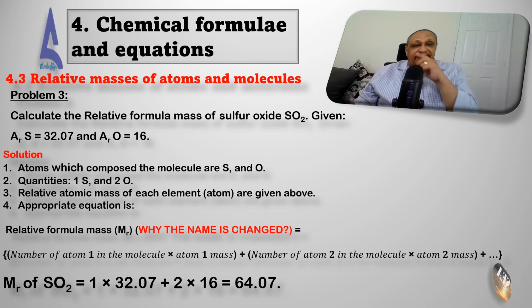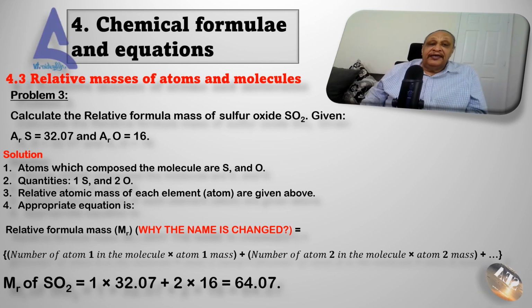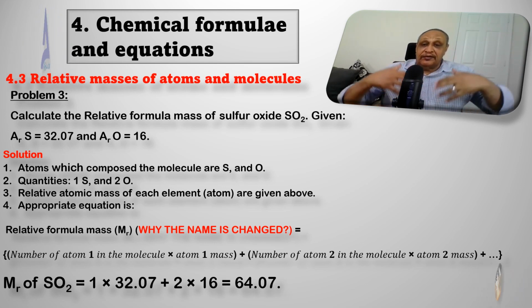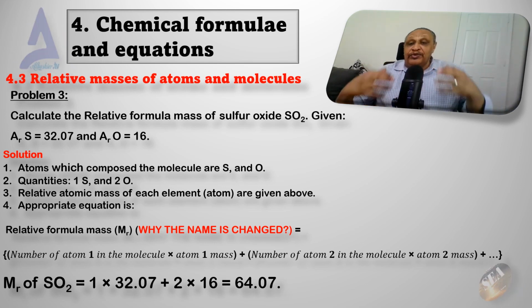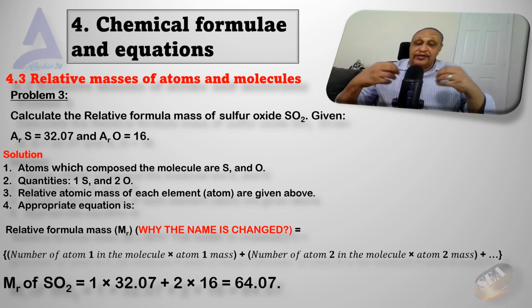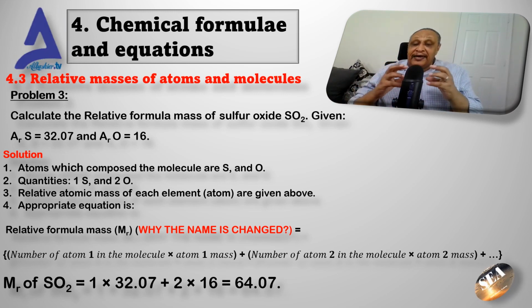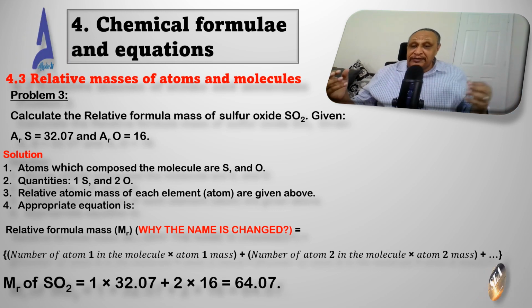We have the given masses, and we just simply would like to do the same as before. Again, it is just repetition. We are going to deal with the same steps that I have already talked about before, regardless of how long this molecule is.